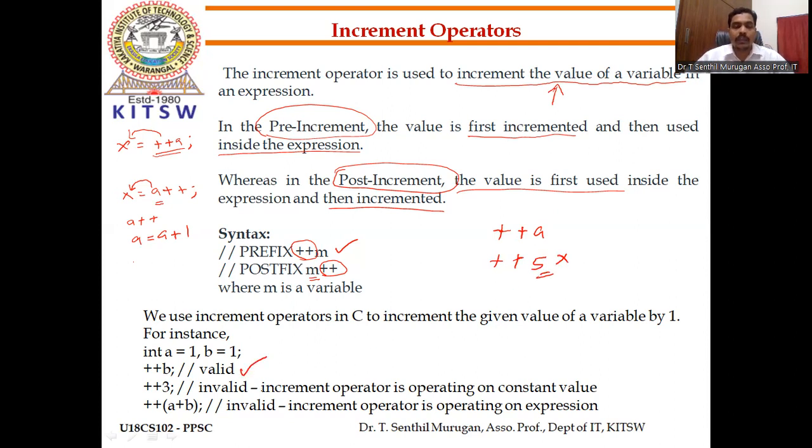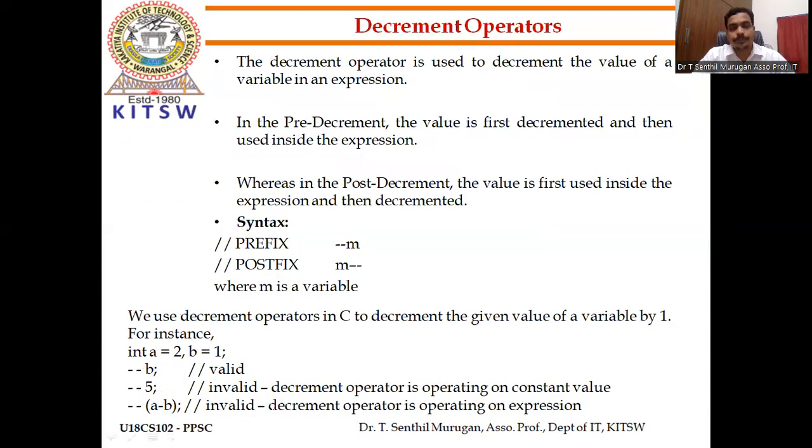So this is valid and this is invalid. Here one operand should be used for the increment operator. Performing this expression is not correct, so it is an invalid increment operator.